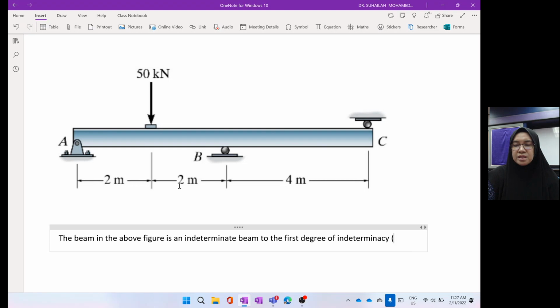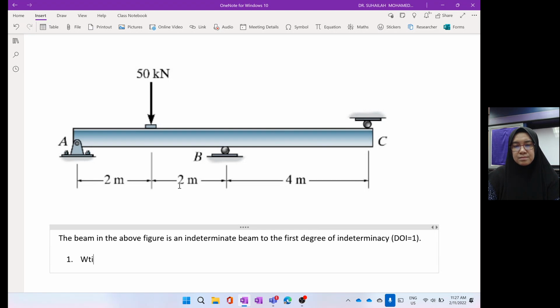First degree of indeterminacy means DOI equal to 1. So the question is number 1.